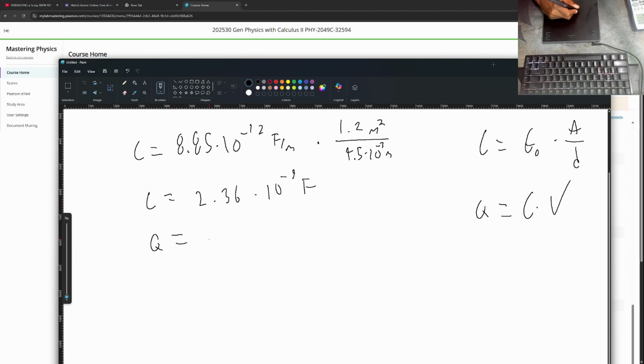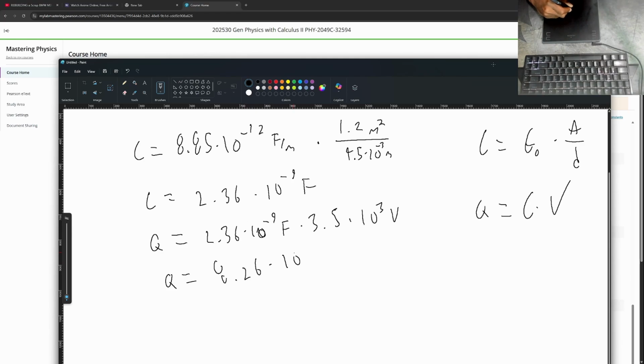This charge is going to equal 2.36 times 10 to the power of negative 9 farads times 3.5 times 10 to the power of 3 volts. Let's write this out. 2.36 times 10 to the power of negative 9 times 3.5 times 10 to the power of 3. And so our charge is going to be 8.26 times 10 to the power of negative 6 coulombs.